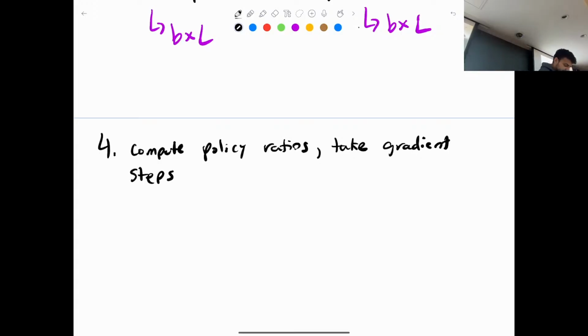So here, we first defined this policy ratio as this rho of i, where i is a position in the sequence, so it's a specific token. And this is the probability of generating that token under our current policy given all of the previous tokens and our prompt.